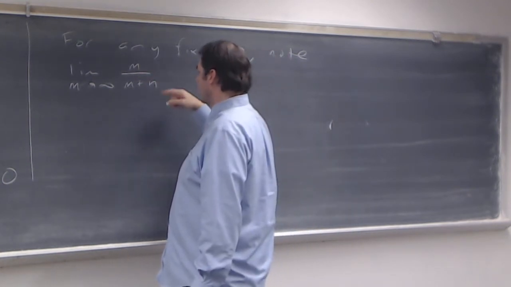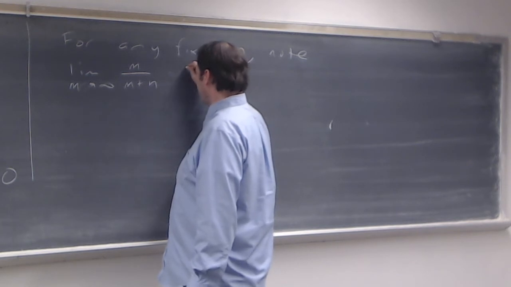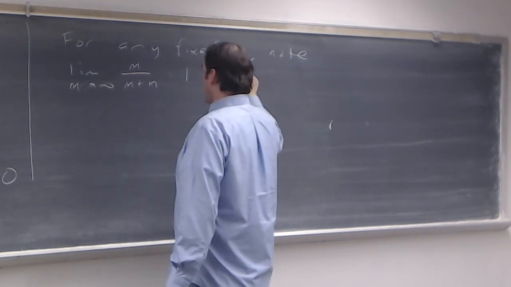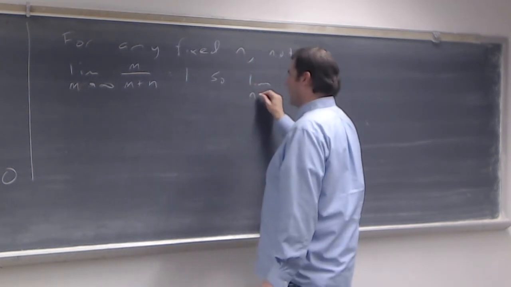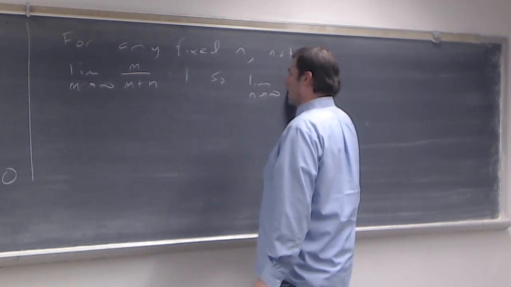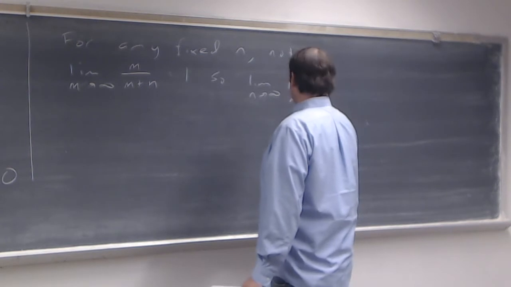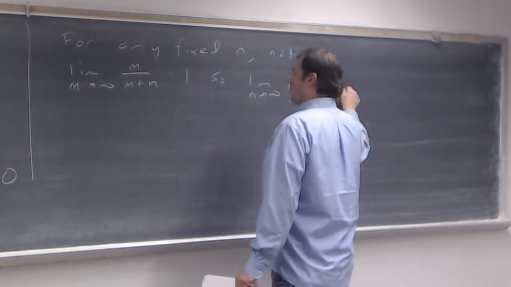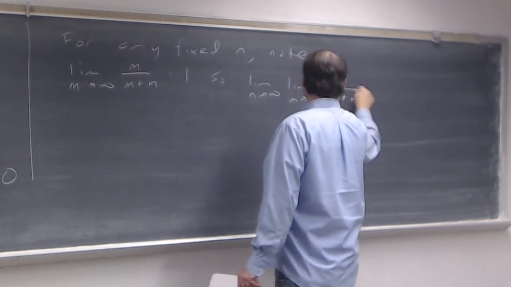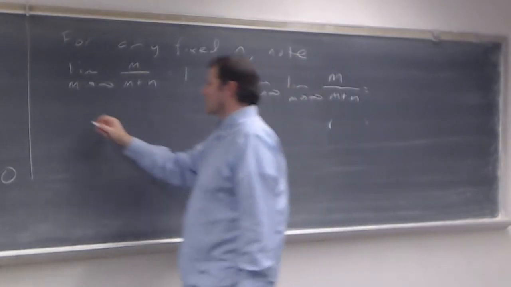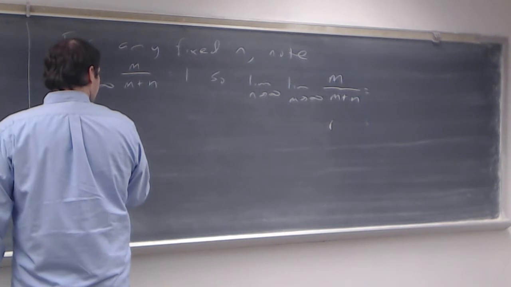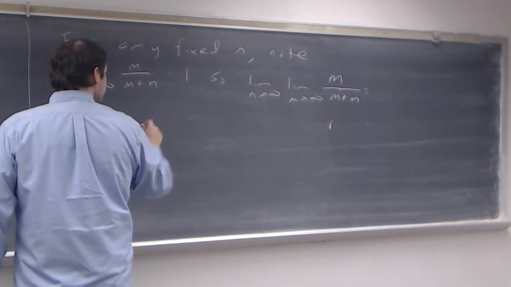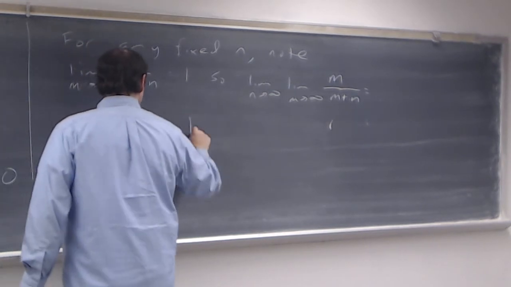What you'll get is 1 over 1, and that limit is 1. So the limit as n goes to infinity of the limit as m goes to infinity of m over m plus n will be equal to the limit as n goes to infinity of 1, which equals 1.